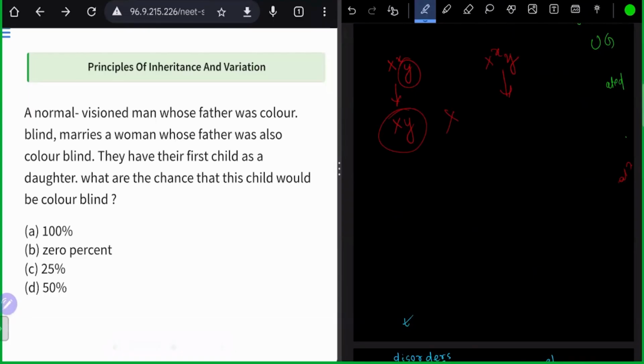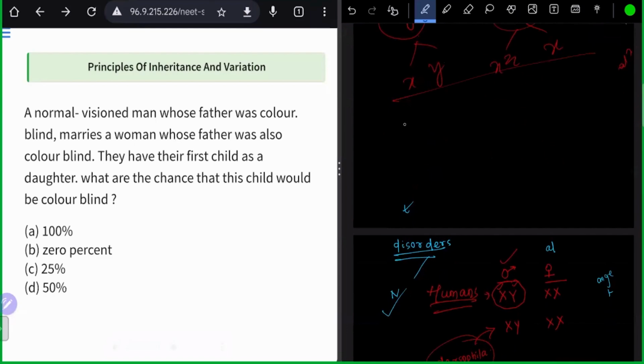The female will inherit an X chromosome from her father, and as she is a normal woman, the other X is normal. If we cross XY with X^cX, the possible genotypes of their children are XX^c, XX, X^cY and XY.